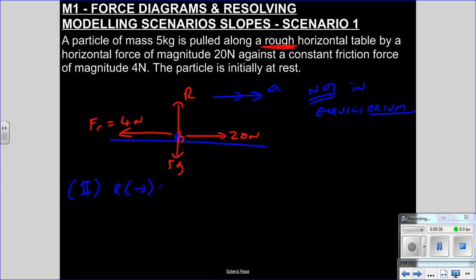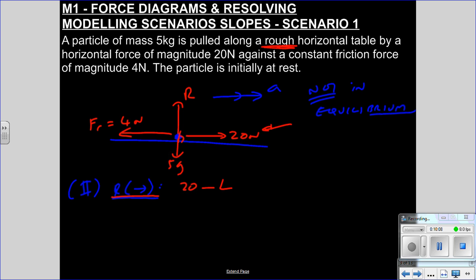So if I resolve to the right, that means I'm considering all forces to the right. And in the end, all forces need to be considered in your diagram, and then you're finished, okay? So all the forces to the right are this 20 newtons, and we always resolve in the direction of motion normally, or in the direction of acceleration, whichever. But everything is relative to the right. So everything that is moving right is positive.